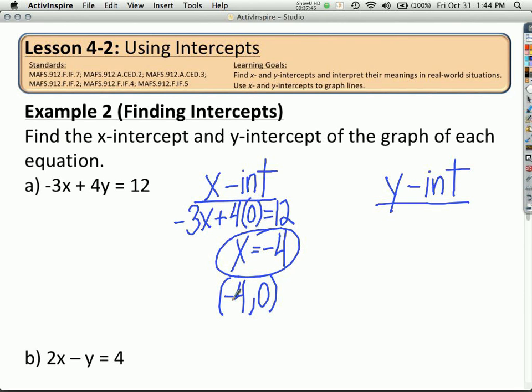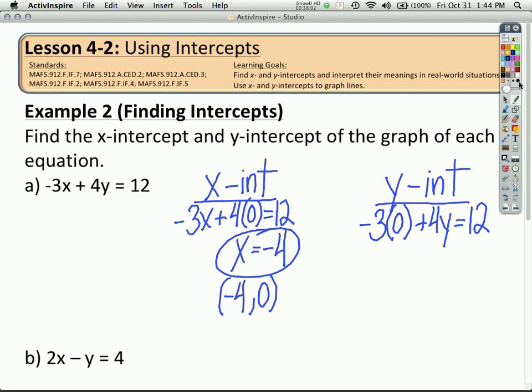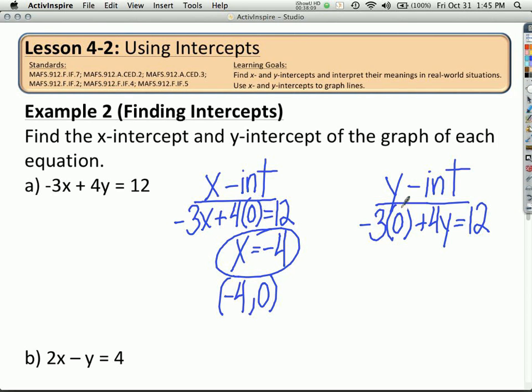So now let's do the y-intercept. To find the y-intercept, make the x 0. So here's what it looks like. -3 times 0 plus 4 times y equals 12. But, Kaylee, you just told us a moment ago, what happens to this right here? Yeah, it just disappears. I love the way you said that. Just disappears.